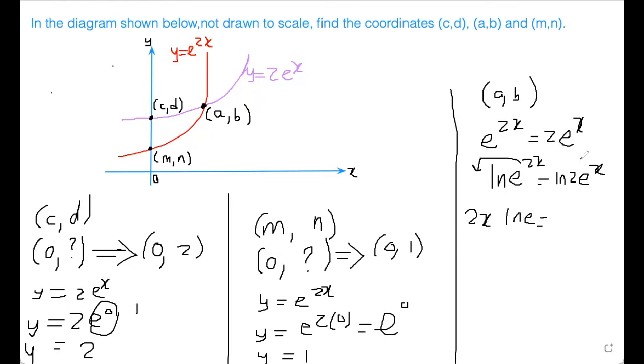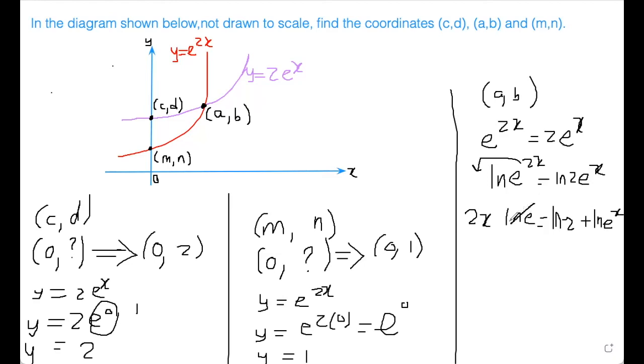But on this side, I can't just carry the x over because the 2 is right here. So because the log law says when you have things multiplied, you can rewrite it as addition, we are going to have ln 2 plus ln e to the x.